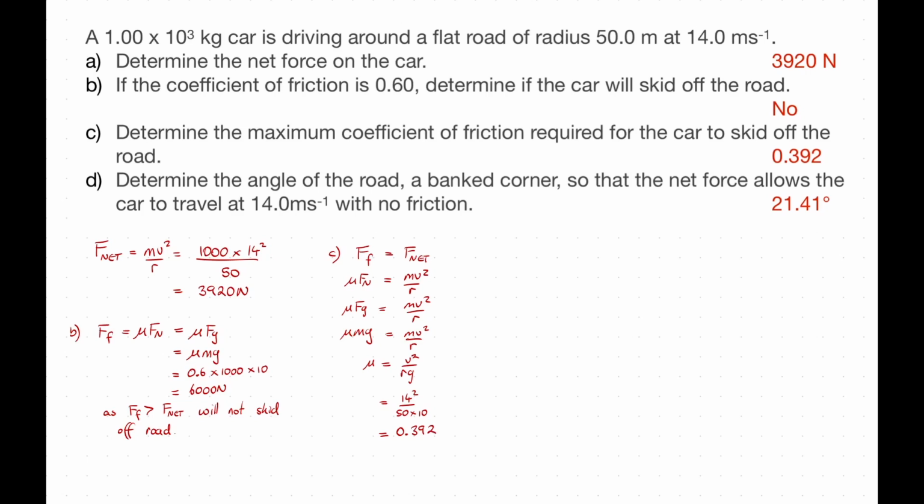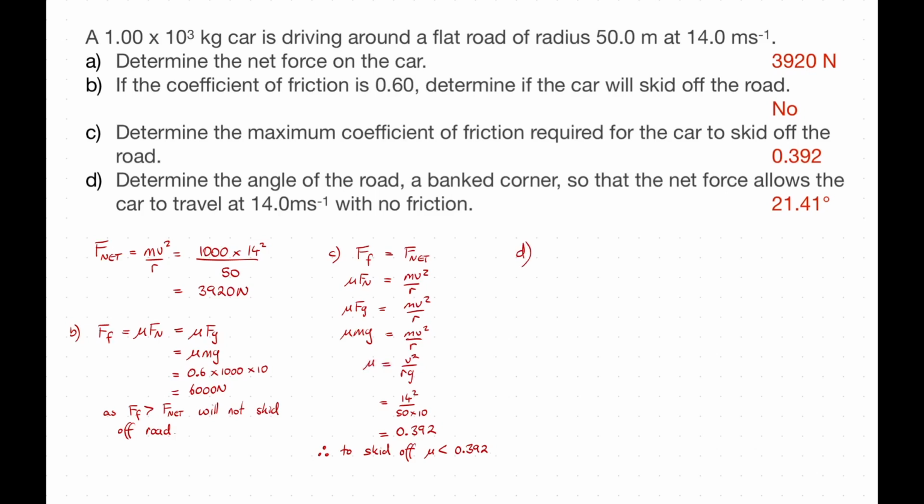However, that's the minimum amount of friction to actually keep us on the road. Therefore, to skid off, mu is less than 0.392. Make sure that you actually address the question. It's actually determine the maximum coefficient required to skid off the road. We found the minimum amount of friction that will actually keep it on the road.